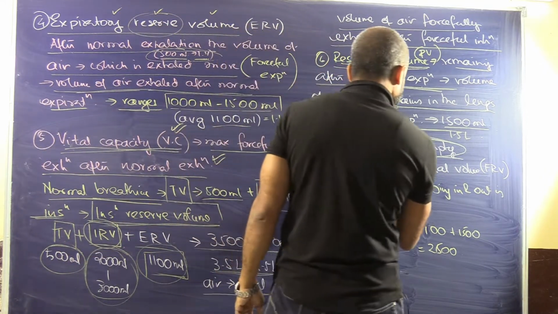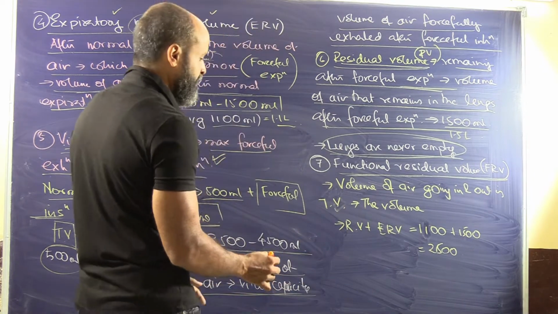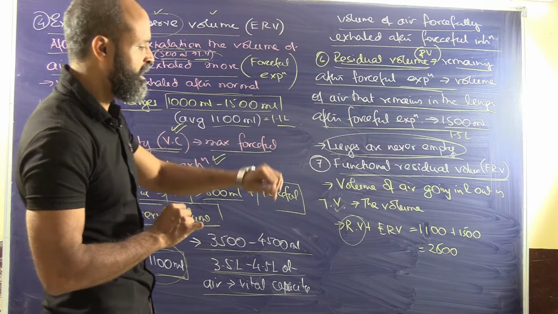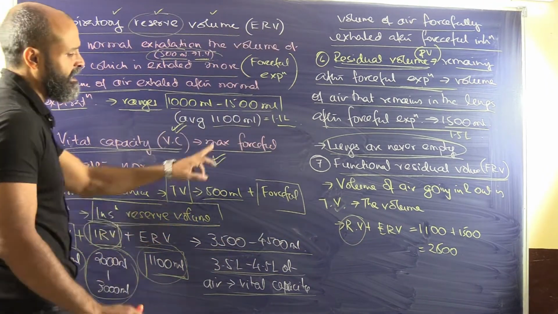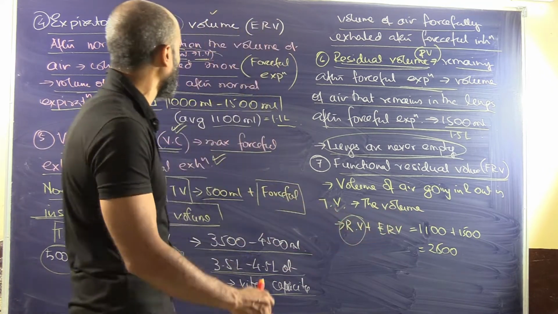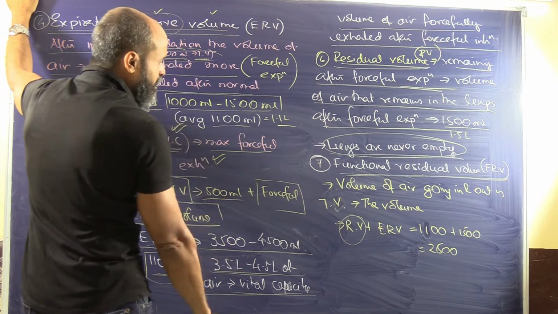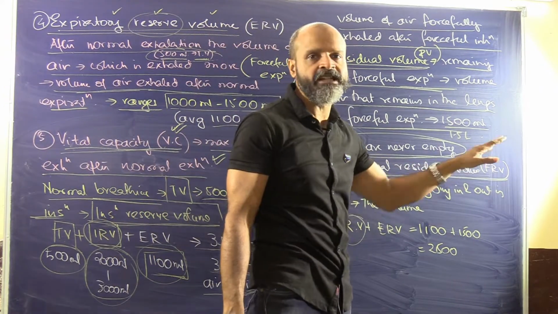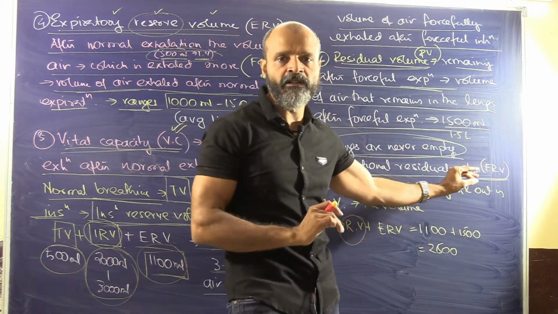Now what is called the functional residual volume? We have seen that there is a residual volume which remains in the lungs, to the tune of 1500 milliliters, and we have also seen that there is an expiratory reserve volume, approximately 1100 milliliters. Together this is called the functional residual volume, which means that this will take part in all the functions.